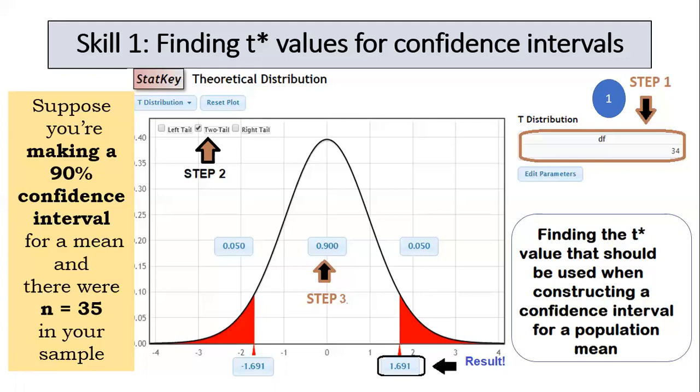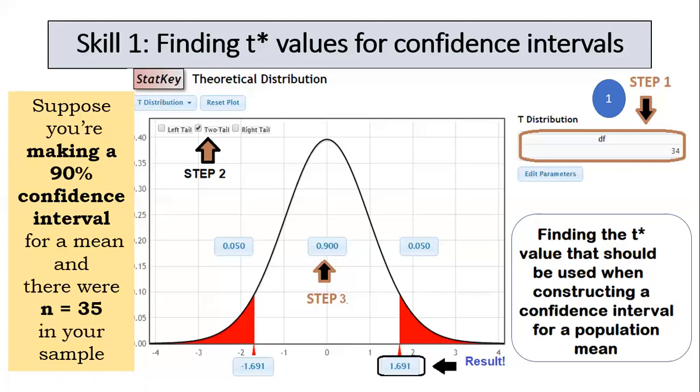In this case, there were 35 in the sample, and our definition of degrees of freedom says that they are one less than the sample size. So for our degrees of freedom here, we'll indicate that we want 34. Once we've entered that, StatKey will sketch a distribution for us.